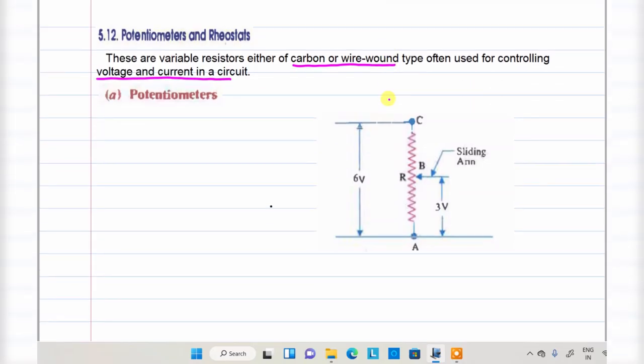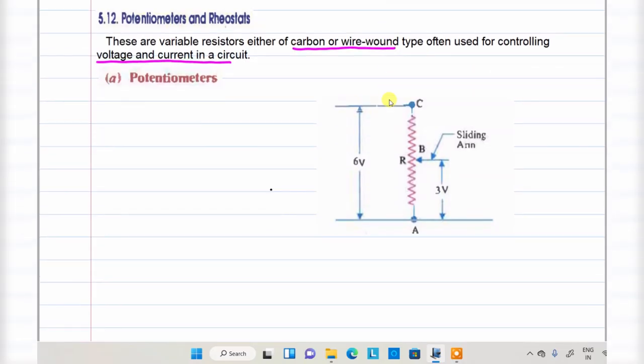Let us discuss how it happens, how to control the voltage in case of a potentiometer. Let us take the potentiometer. Looking at this configuration, this is a representation for a potentiometer. How many terminals do we have? 1, 2, and then this particular terminal is a variable terminal.